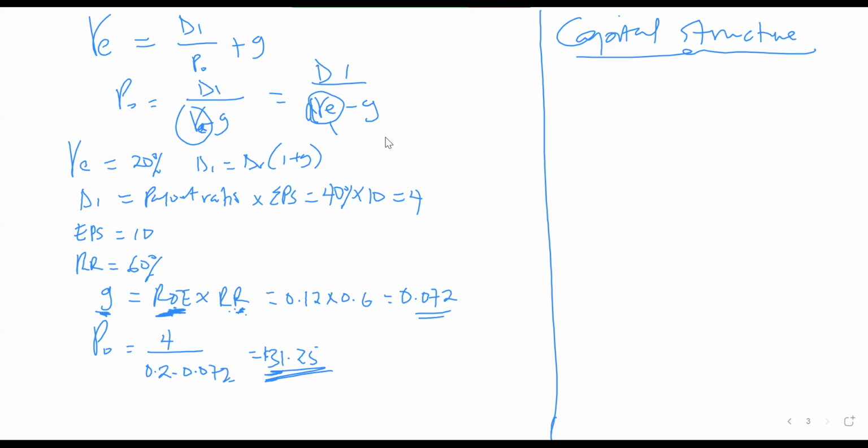There have been several theories of capital structure. Most of these theories speak of whether capital structure is relevant or irrelevant. And chief among them is Modigliani and Miller.